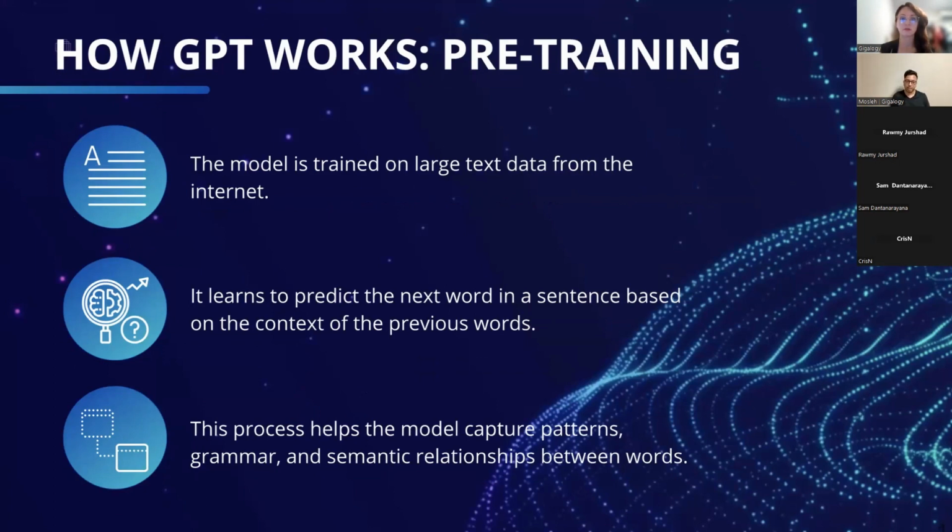What happens is when you feed that much information to the model, it actually learns to predict the next word in a sentence based on the context of previous words. So basically, if you continue to do that, this process helps the model to capture patterns, grammars, semantic relationships between words, and so on.